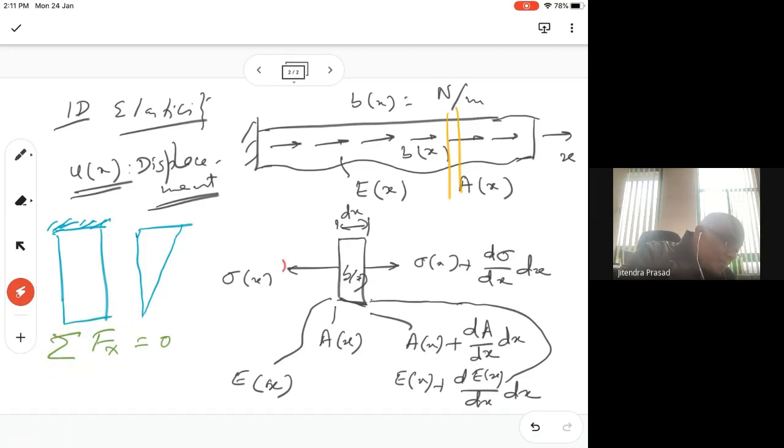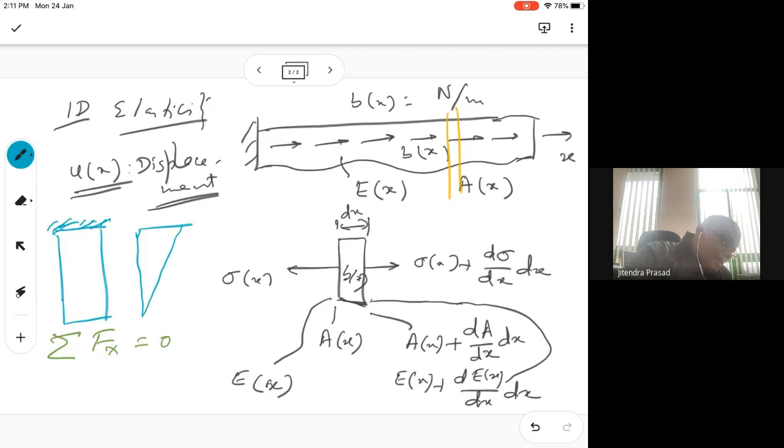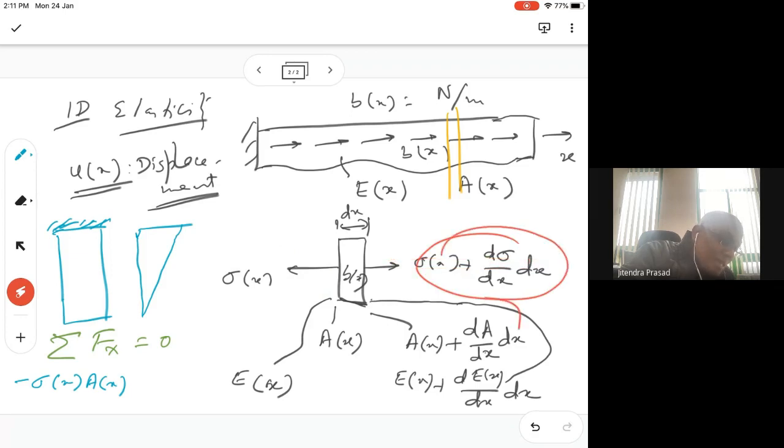Hence, this is sigma x, right? Force here will be sigma x, which is a force per unit area, multiplied by area Ax. At this negative direction we will have minus. So we can write minus sigma x multiplied by Ax is the force here. Similarly, in this direction, we have this multiplied by area.